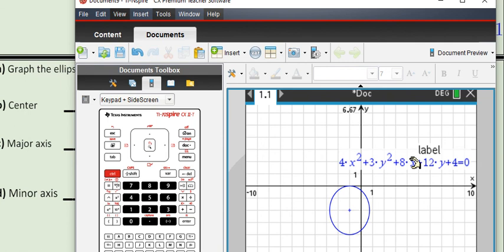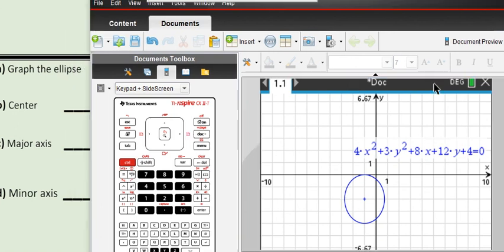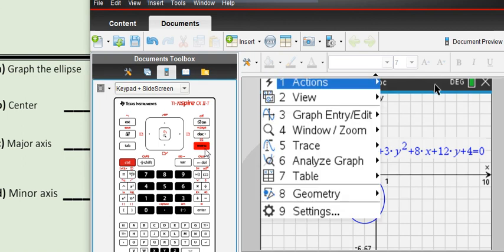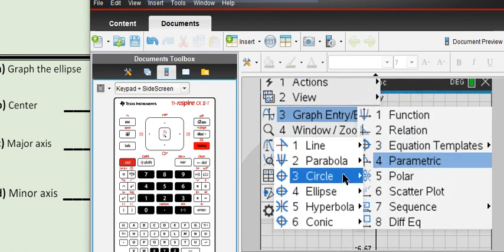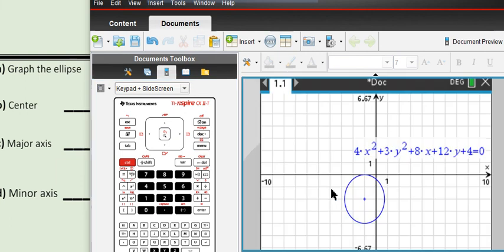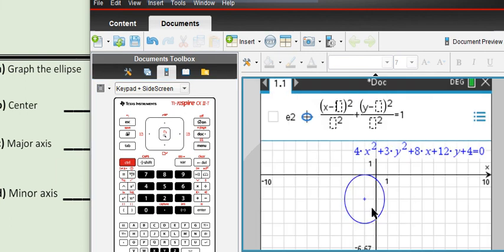But now I can actually test the equation that we created. So I'm going to press menu, graph entry edit, equation templates, and I'm going to go to the ellipse template. Now notice, my ellipse is already here. So now I can put my new values in. I need that to be plus 1, so I put in a negative 1.